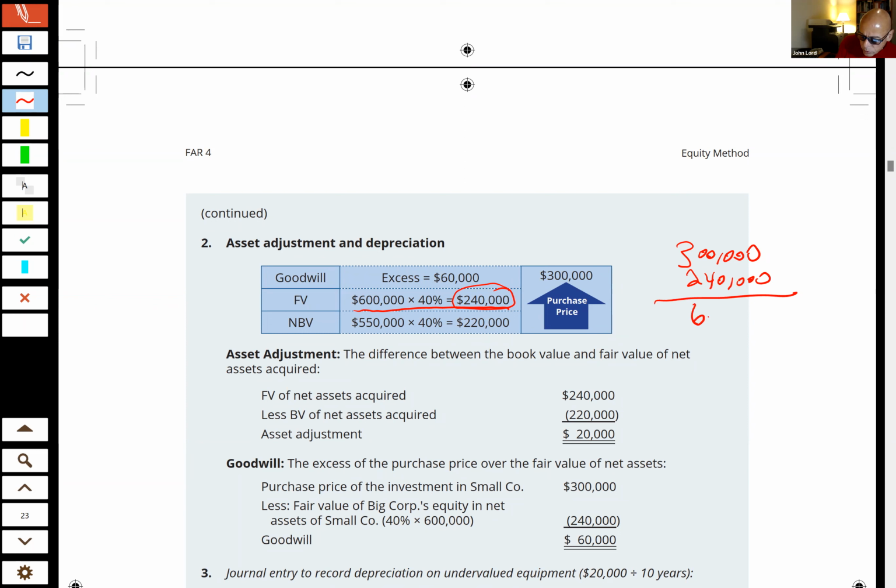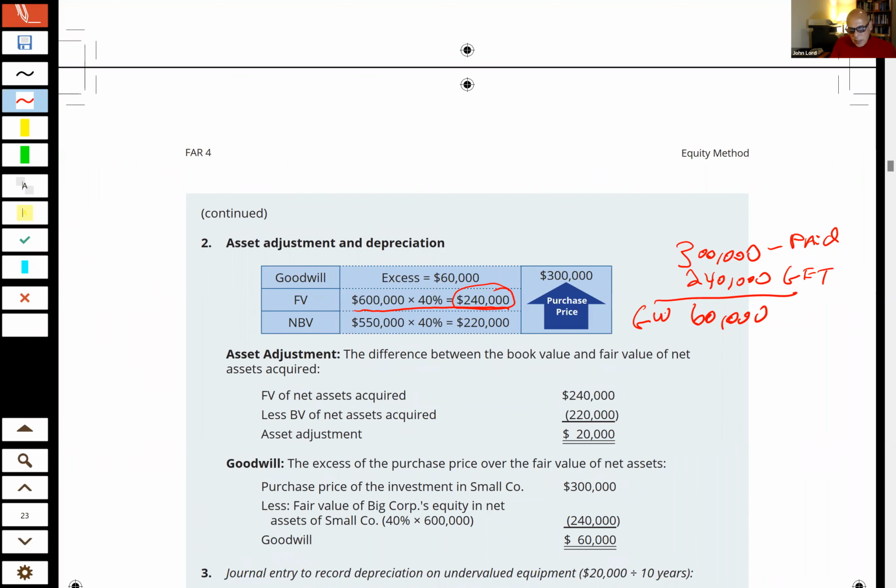The implied goodwill is 60,000. I always look at questions like that: what did I pay? What did I get? Now we're going to have to do this a little differently if we're going to consolidate, but for goodwill questions where I'm below the 50% and I'm using the equity method, this is the quick, easy way to get these. So that's the amount of goodwill.